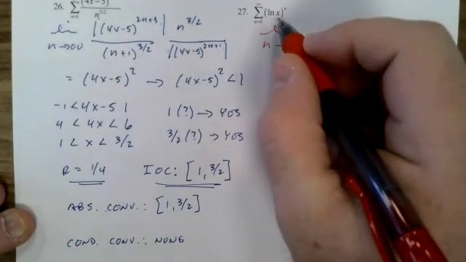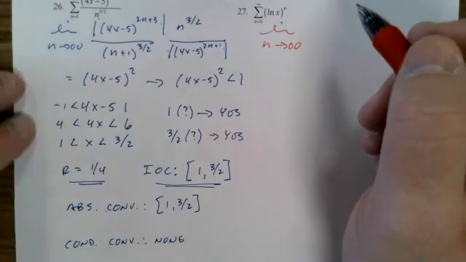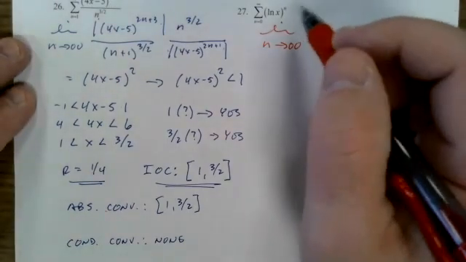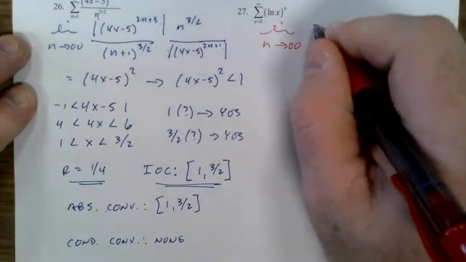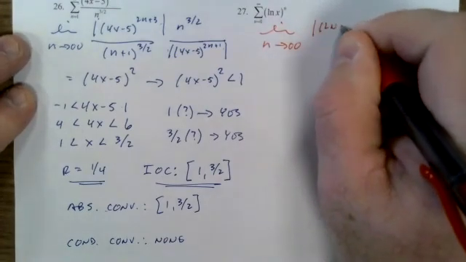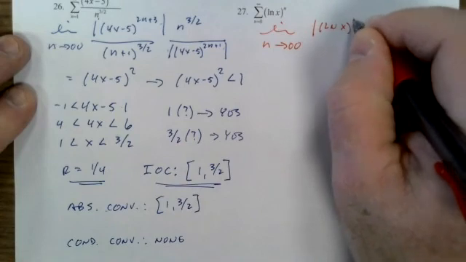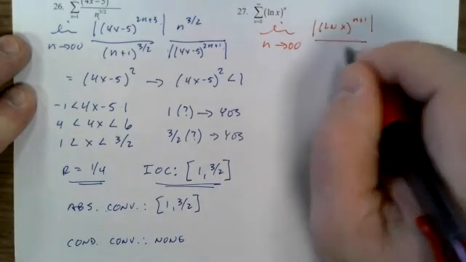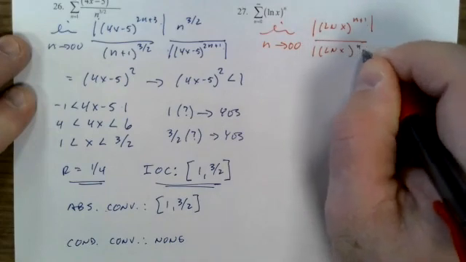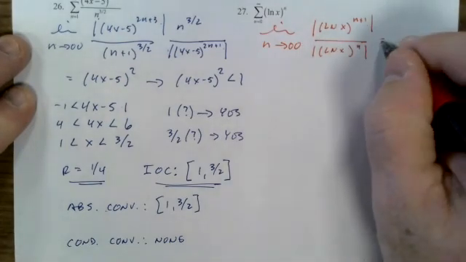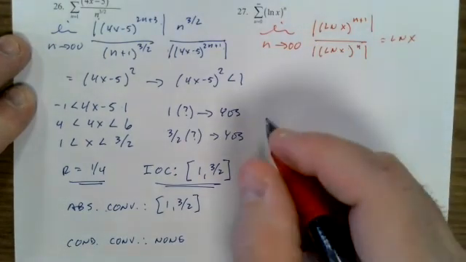This is weird. Limit x is going to diverge, except maybe at the one spot where it equals 0. Let's go find out. ln of x to the n plus 1 over ln of x to the n, which is just ln of x.